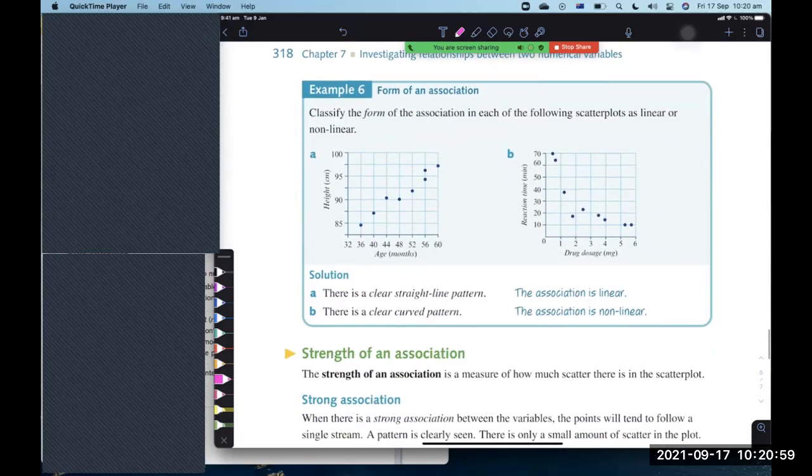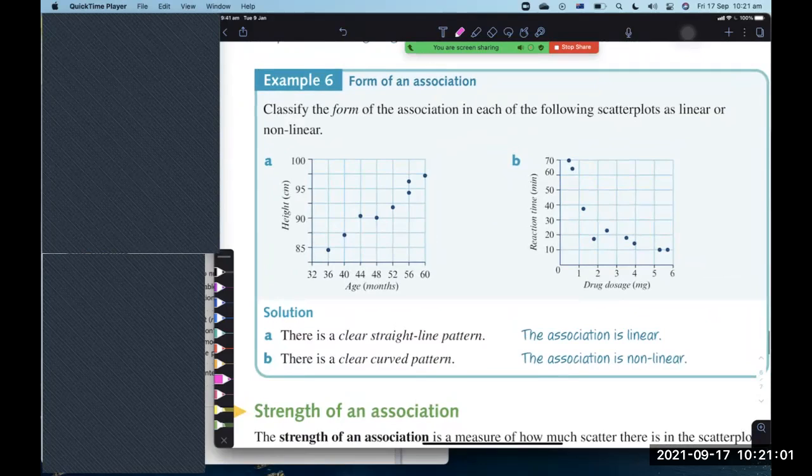The last thing we have, so you can have a look here just as an example. You can see some sort of a line here. So you can say it's linear. If I also ask for the direction, what would you say? So I know the form is linear.